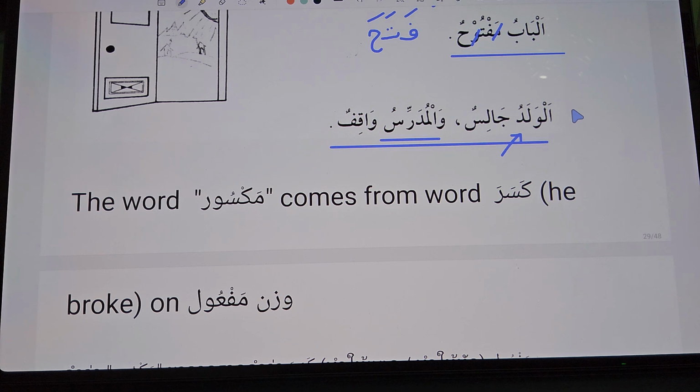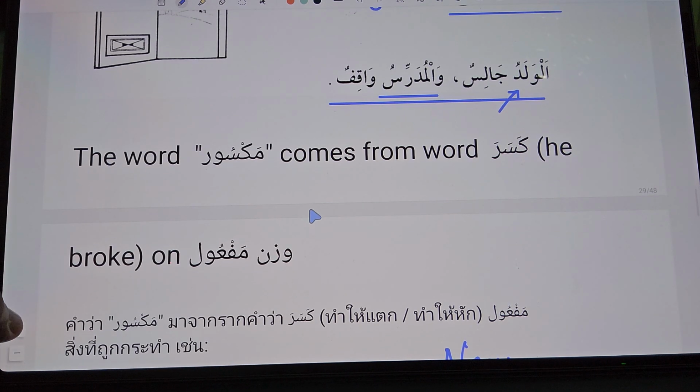Mudarrisuna. What type of plural is it? It's jam mudhakkar salim. Mashallah. How do we know? Because it's not broken and we add waw and nun. Allahumma barik. So it's understood, right?